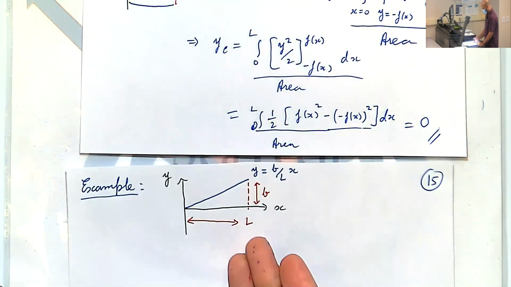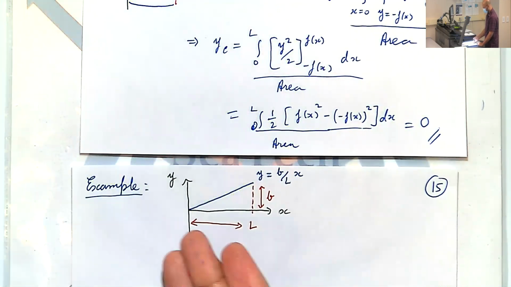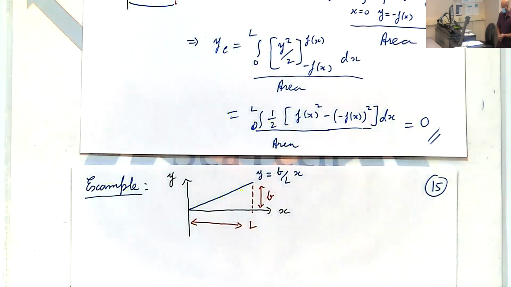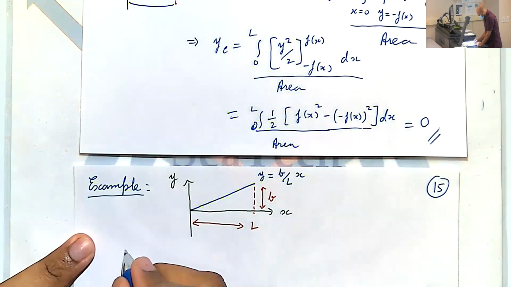Right, this is obviously a triangle. You know how to compute the area. It's half times base times height, or half L times B. But just to show you that the integral will give us the same thing.